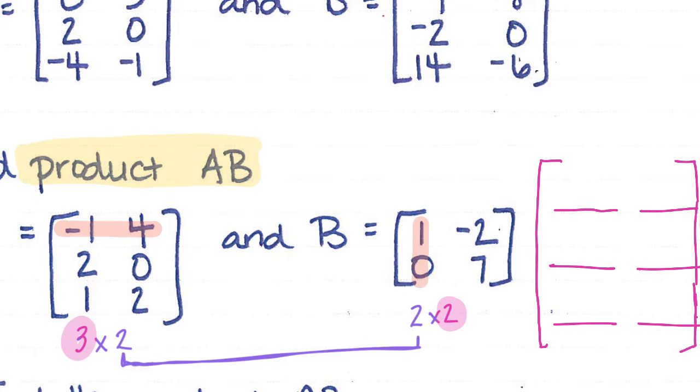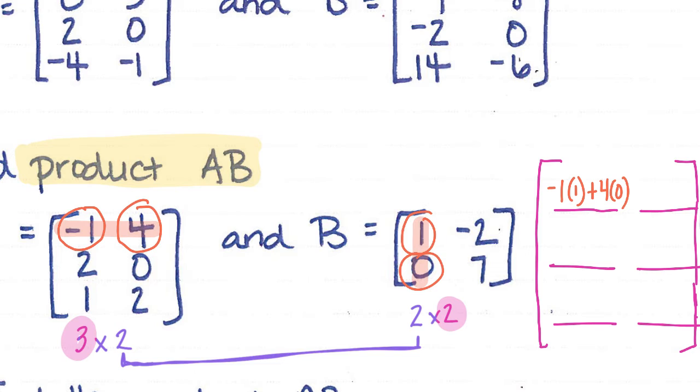So I'm going to take negative 1 times positive 1, and I'm going to write that out here. And then I'm going to add that to 4 times 0. Now most of you guys could do that right in your head, but it's always good to write it out if you're a little iffy at first.